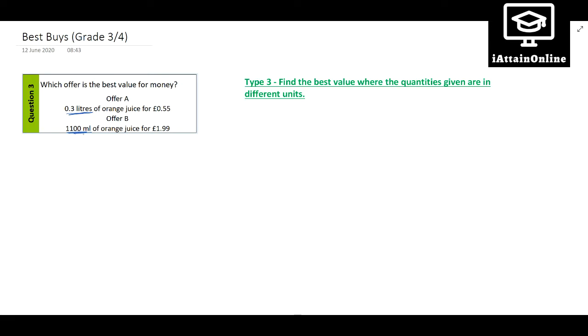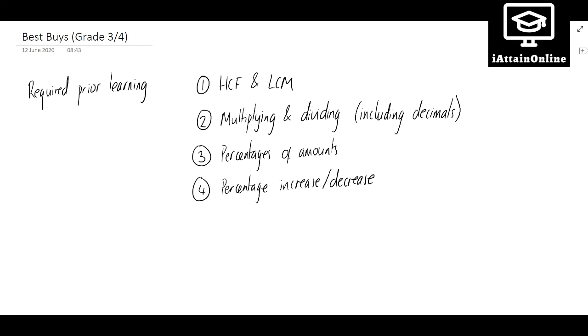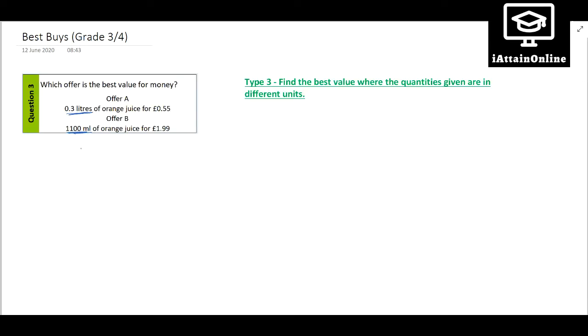Now, for this one, I should have also put in here converting metric units, especially for this question. Okay, so you need to know that 1 litre is the same as 1,000 millilitres.